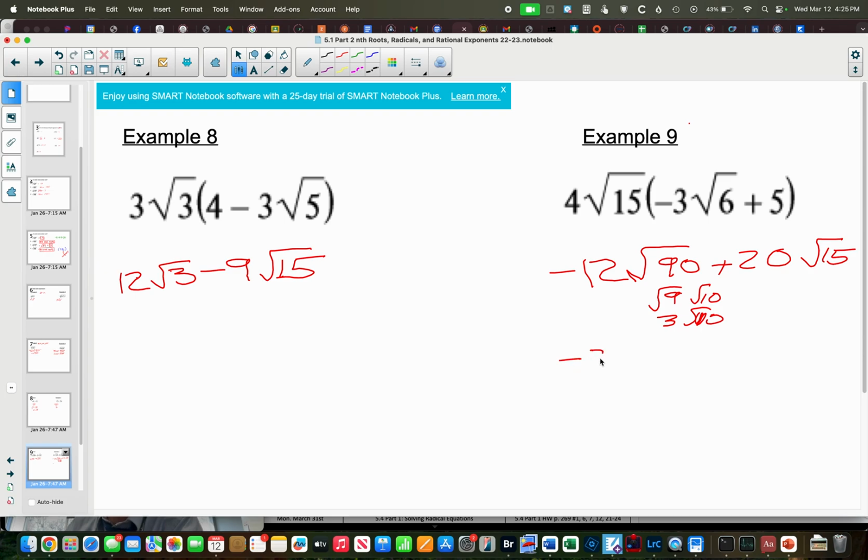So it's negative 36 square root of 10, plus, all right, square root of 15 does not simplify. No perfect squares go into it. All right, and you can't combine the square root of 10 and the square root of 15. They're not like terms. So I guess we're done.